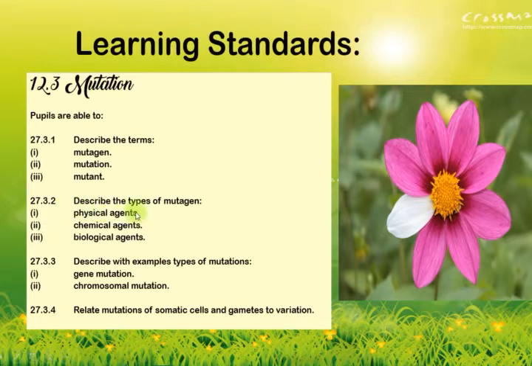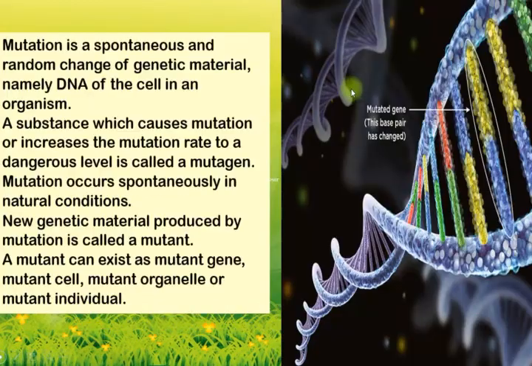Number two, describe the types of mutagen: physical agents, chemical agents, and biological agents. Number three, describe with examples the types of mutation: gene mutation and chromosomal mutation. And the last one, relate mutations of somatic cells and gametes to variation.